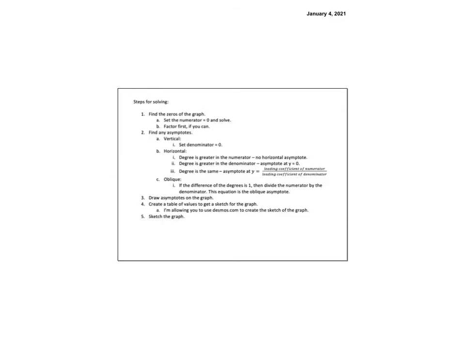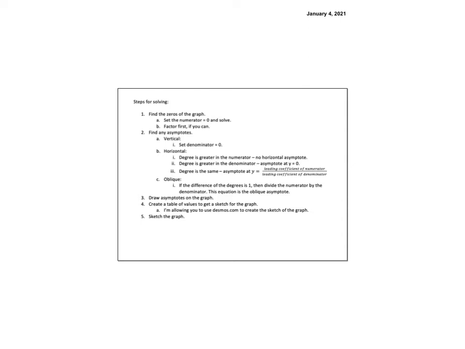All right, and then this next page is, again, just another helpful page to look at, with the steps you're going to take to approach each problem. So first, you're going to find the zeros of the graph. To do that, you take the numerator, set it equal to 0, and solve. It'll be easier if you factor first, if you can.